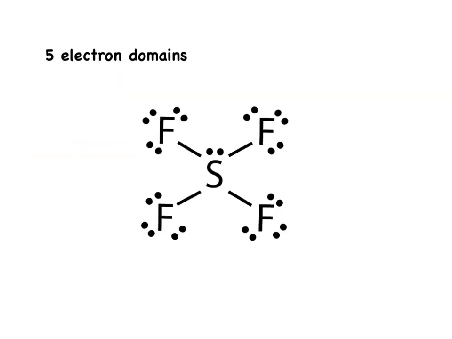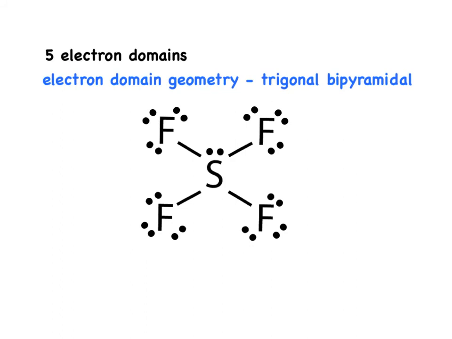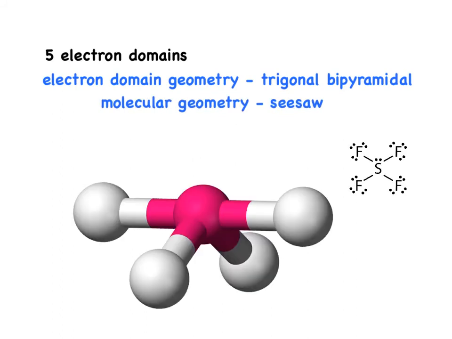Sulfur tetrafluoride also has 5 electron domains, 4 that are bonded and 1 unshared on the central atom. So sulfur tetrafluoride's electron domain geometry will be trigonal bipyramidal, but its molecular geometry is seesaw.